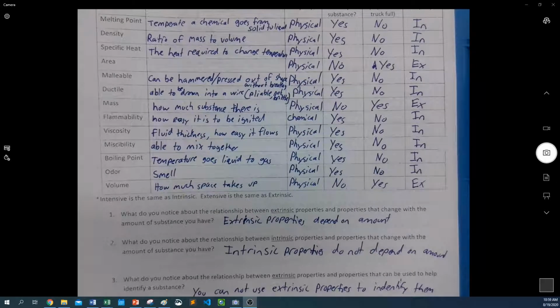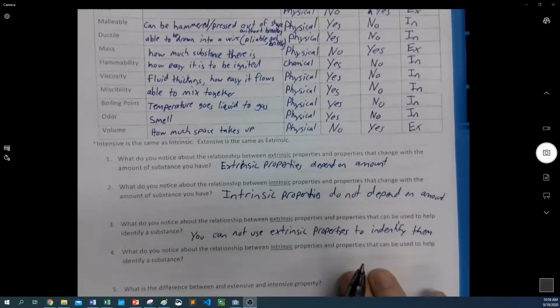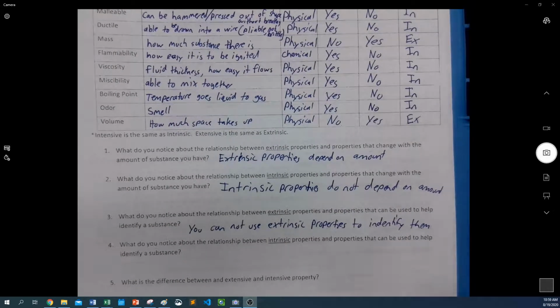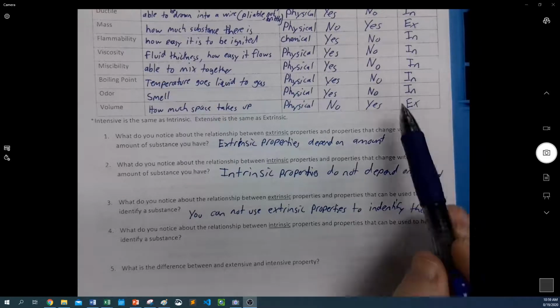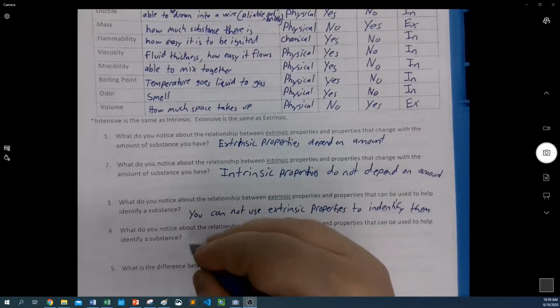And intrinsic, meaning that it's directly a property of that chemical. If it's intrinsic to you, it's of your nature, is what intrinsic means. Oh, sorry. It's hard to watch the screen and where I'm writing at the same time. So for intrinsic, you can use intrinsic to identify.